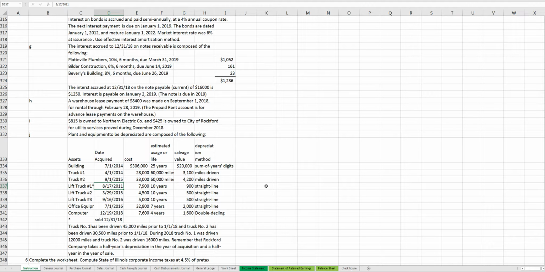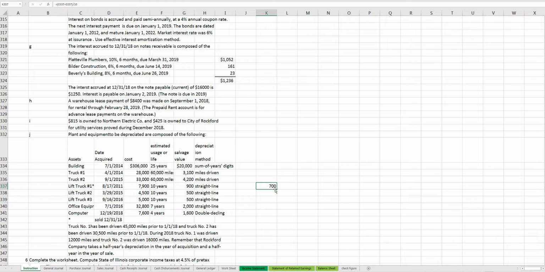Salvage value $9,000. So let's calculate the annual depreciation. Annual depreciation equals the cost minus the salvage value, divided by the number of years used. 10 years useful life.